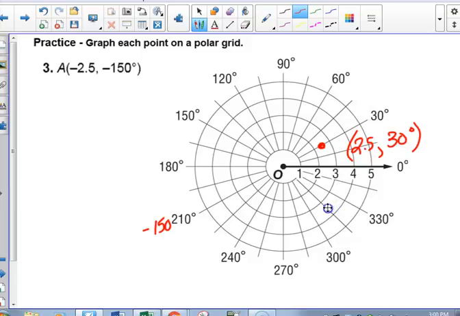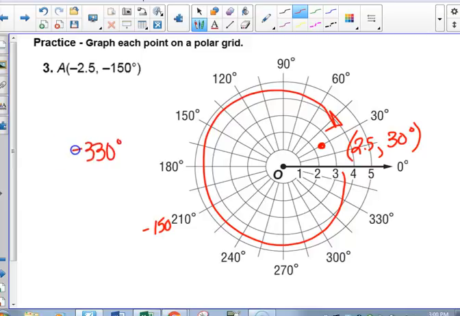Anybody give it another name? Now be careful. That was the name it had. Positive. Yeah, you have to go all the way around to there, which would be negative 330 if you wanted to call it another positive 2.5.